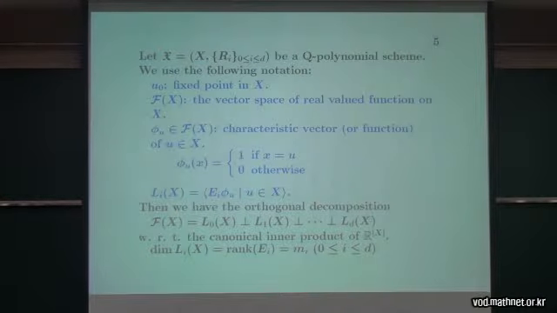Now we go to the definition of relative t-designs. Let X be a Q-polynomial scheme, and we use this kind of notation. u_0 is a fixed point in X, and F_X is the vector space of real valued functions on X. phi_u is the characteristic function, or characteristic vector, of u, defined this way: 1 if x equals u, and 0 otherwise.